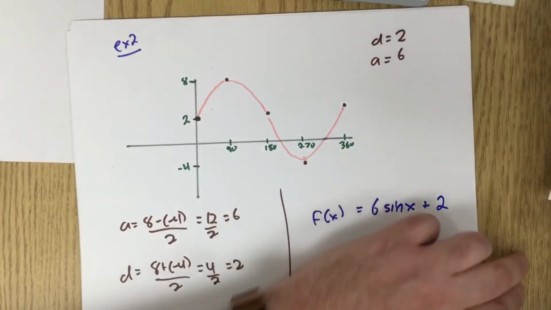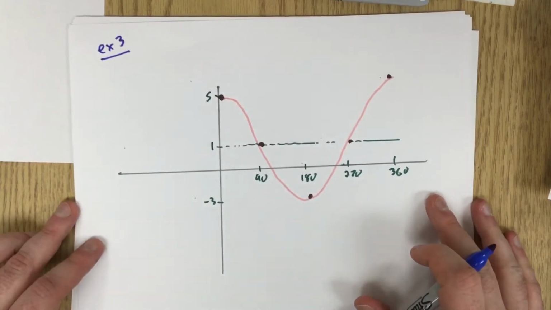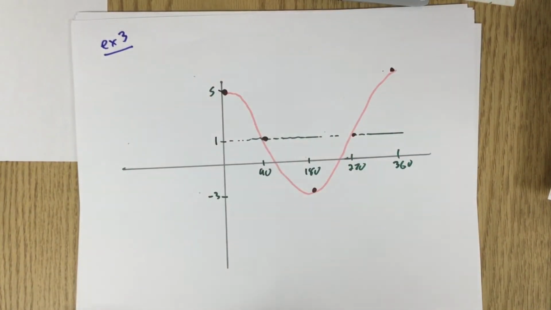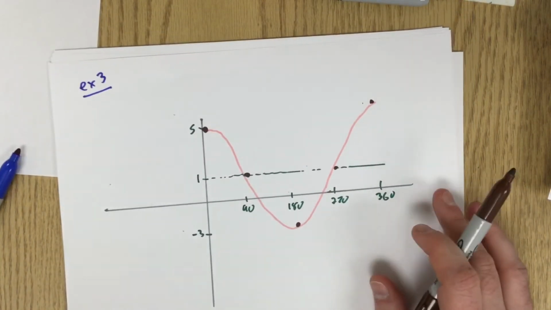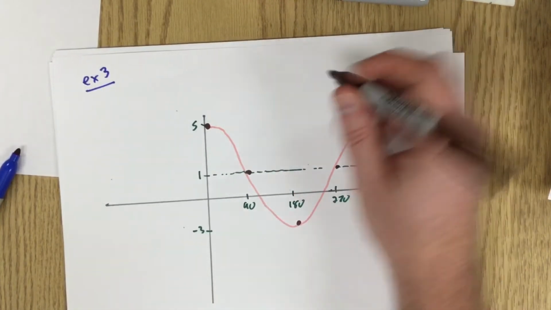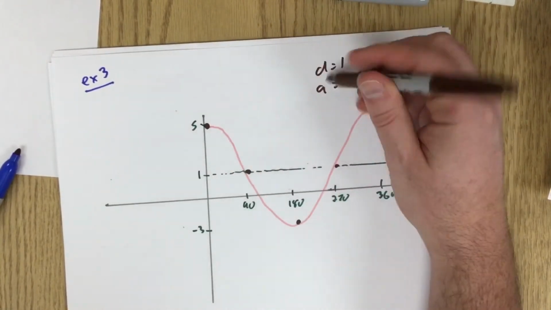Okay. So this is a cosine graph. It starts at the top, so we have a cosine graph here. But same things, nothing really changes. Just because it's a cosine graph doesn't change much, except it's going to be cosine, of course. If you look at it, the middle is going to be 1, and the amplitude is going to be 4.